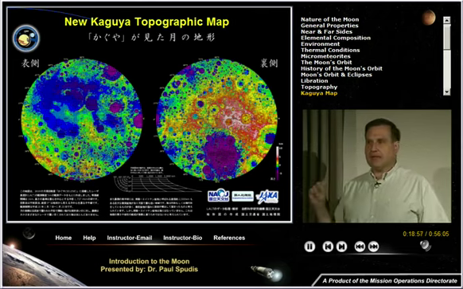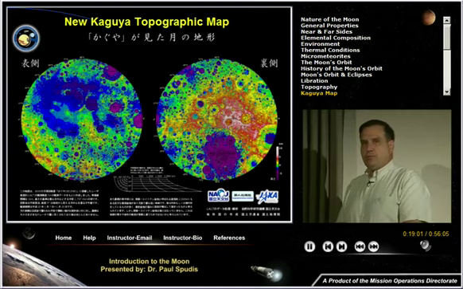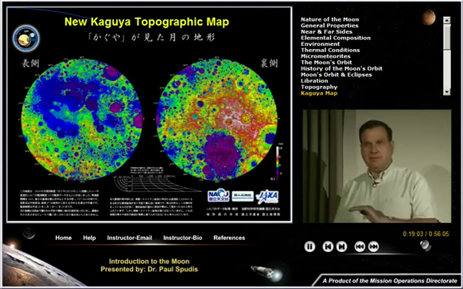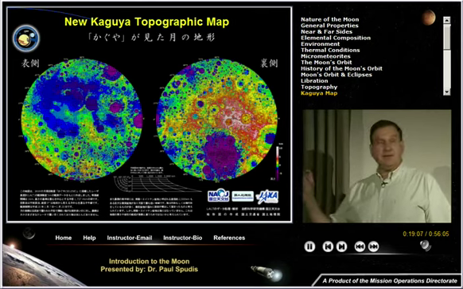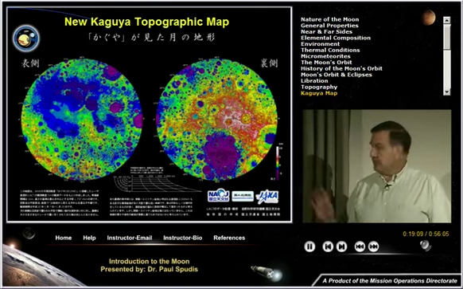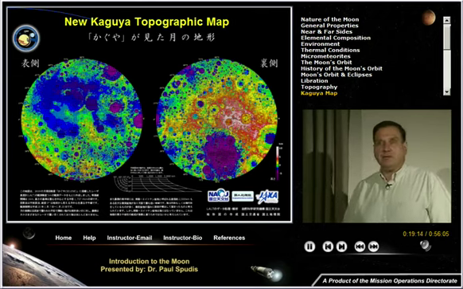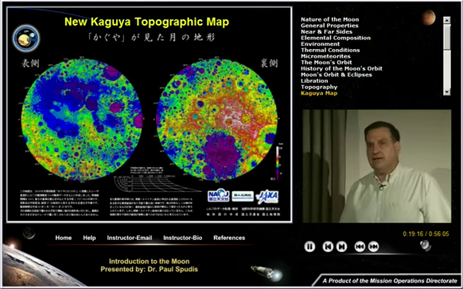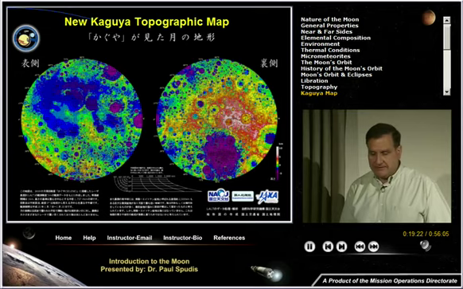Those are all basins. They're all old impact craters that have been so beat up and so pummeled by the impact bombardment, they're only detectable now by very detailed topography. This is our best topographic knowledge of the moon to date. It's a 500 kilometer contour interval. We'll actually have a better topographic model from an upcoming mission the Indians are going to fly called Chandrayaan, which I'll talk about at the very end.